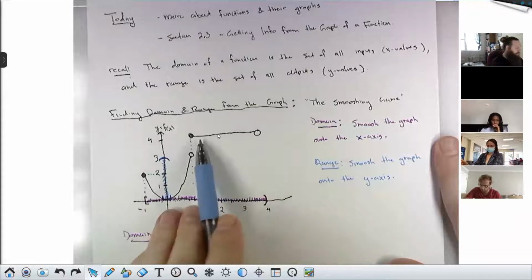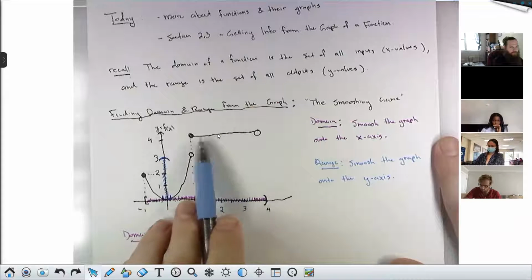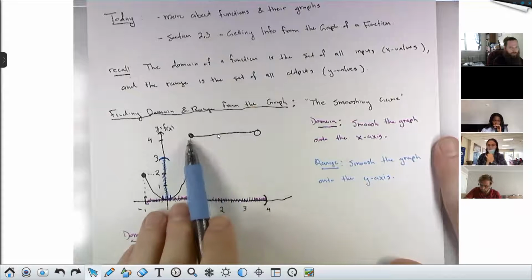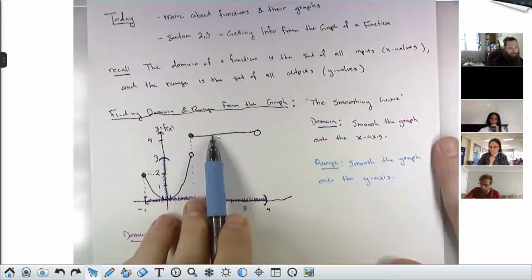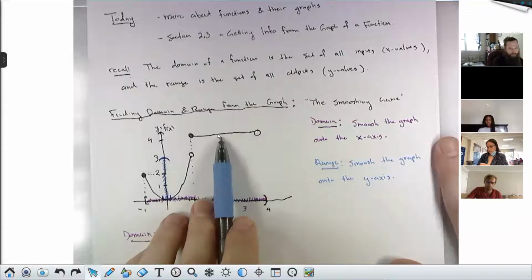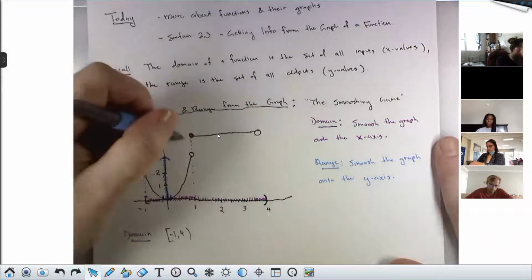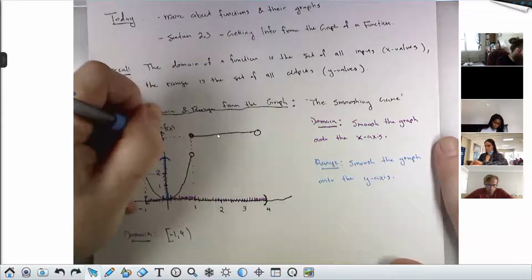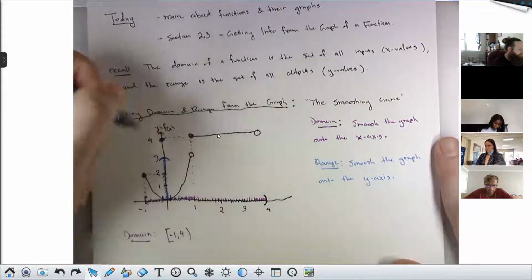And then this whole portion here, the y values everywhere along this part of the graph, they're all 4, right? Like here's 1, 4, 2, 4, 3, 4, 3.5, 4, 2.5, 4, 1.7, 4. This whole thing here smooshes over to the single y value 4.